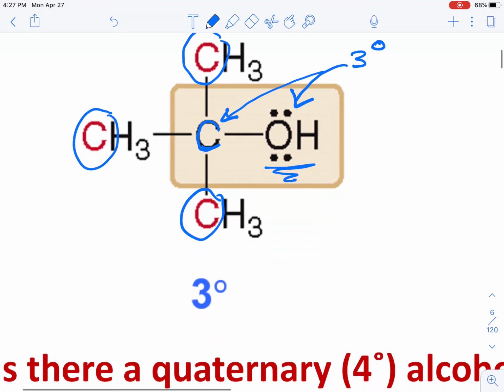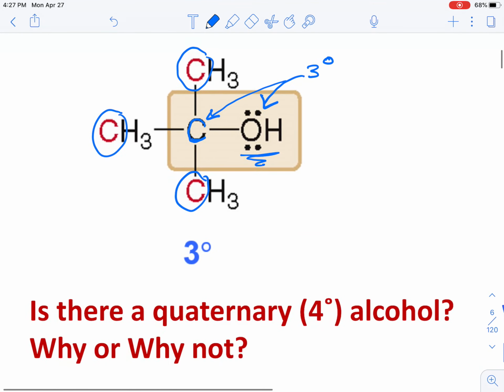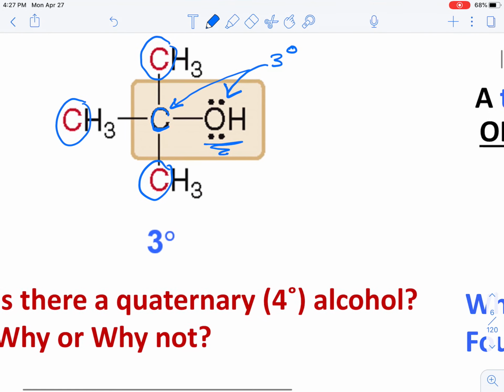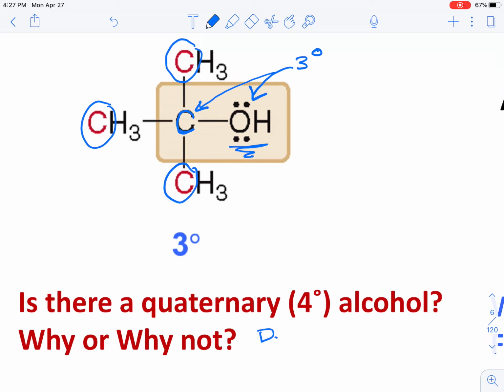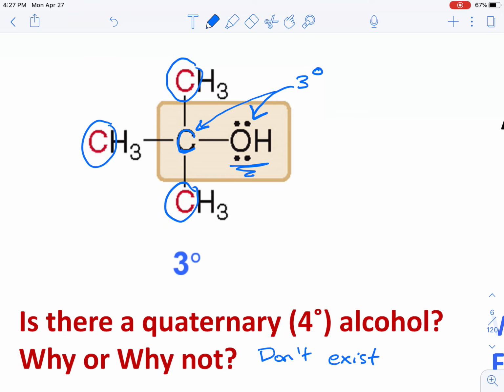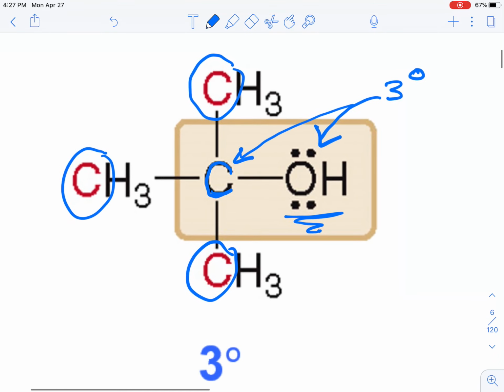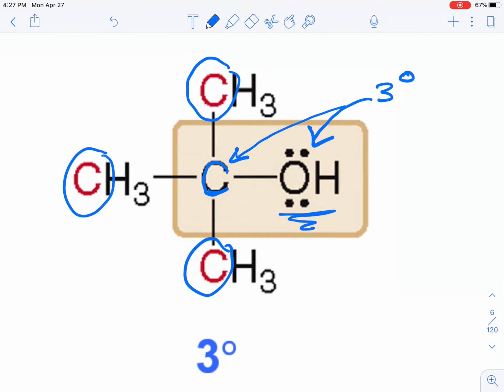And so quaternary alcohols do not exist. And the reason why that is because remember, carbons can only bond 4 times. And so if, for example, you were to have another carbon over here, another CH3, this would be an example of a quaternary alcohol.